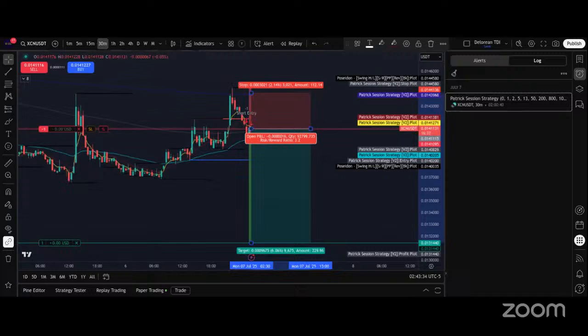It's going to be for 968 pips. Stop loss is going to be 0.0144136. And that's going to be for 302 pips. And then entry price is 0.0141115.